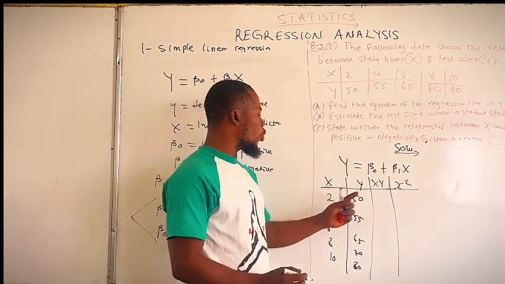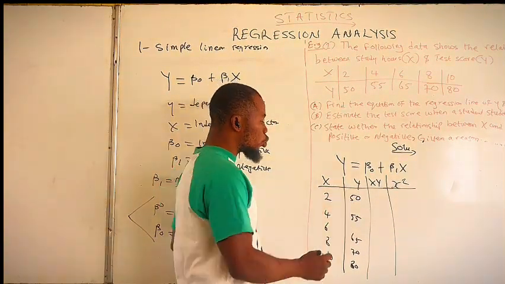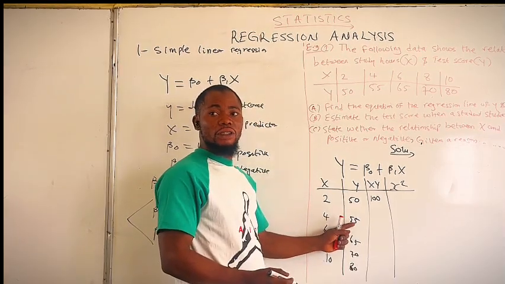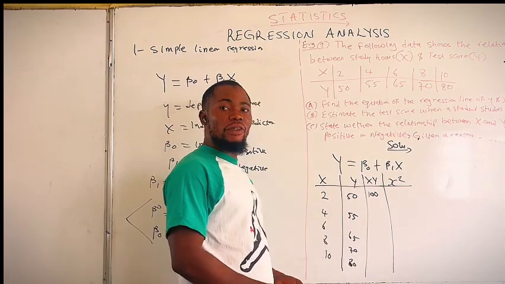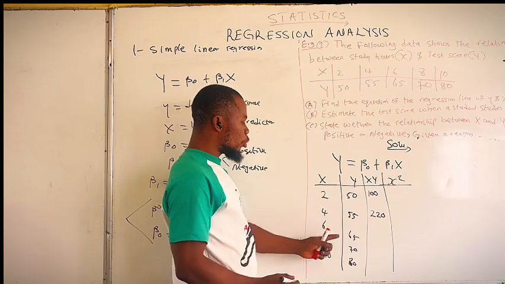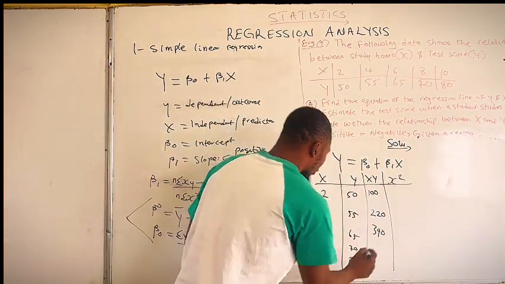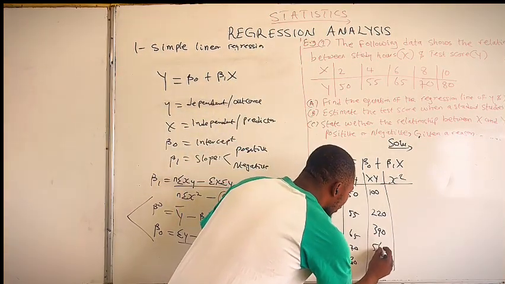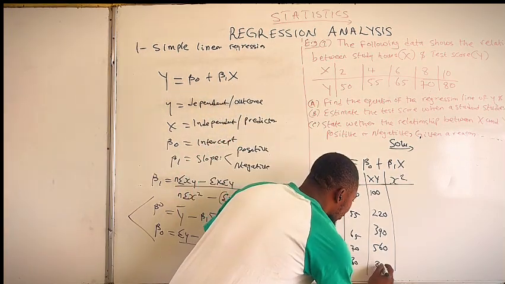For our xy, we multiply x with y. 2 by 50 gives us 100. 4 by 55 gives us 220. 6 multiplied by 65 gives us 390. 8 multiplied by 70 gives us 560. And 10 multiplied by 80 gives us 800.